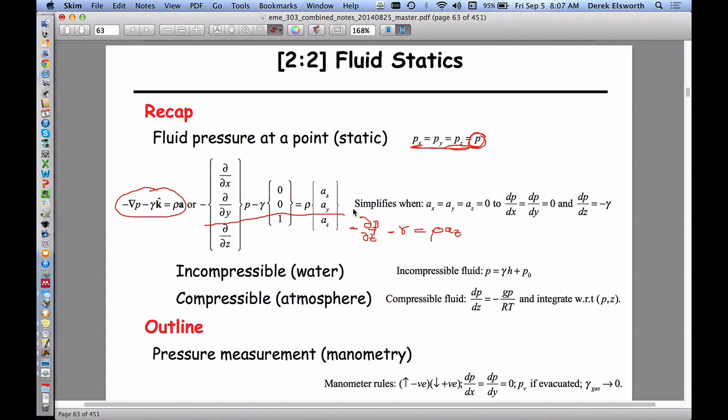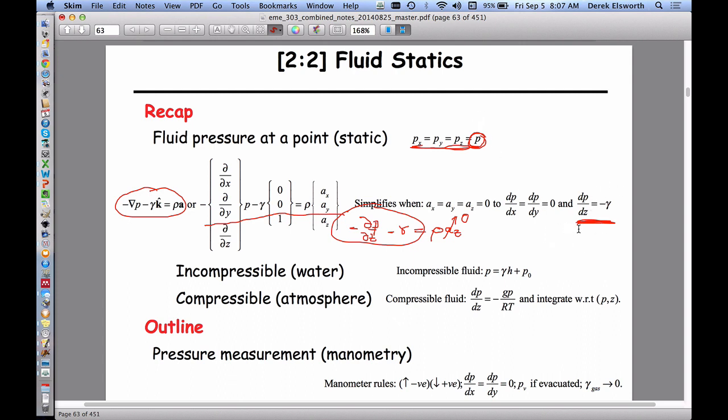And so this is the expression that we had last time. When we looked at cases where there's no acceleration, this goes to 0, and we're only left with this term here, which is exactly this, either as a partial derivative or as an ordinary derivative. Doesn't matter which one we relate it as.